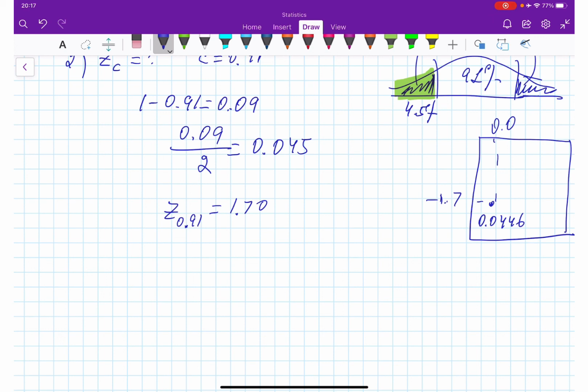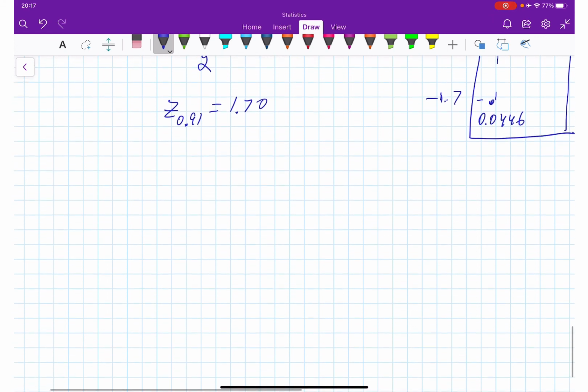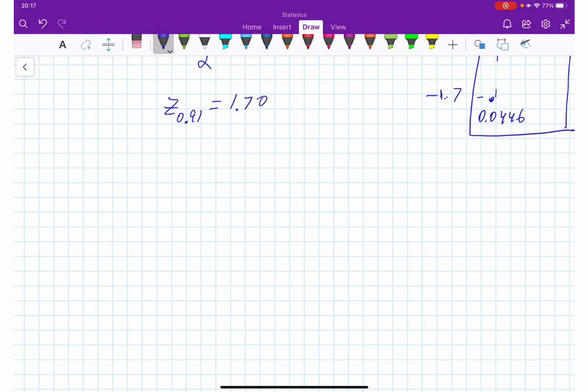Okay, question number 3. Find the margin of error when the confidence level is given as 0.9. What else is given?